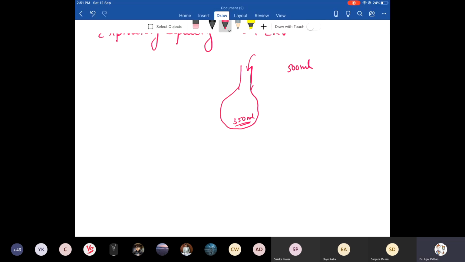Out of 500, 150 will not reach. 150 will remain here in the alveolar duct. The remaining 150 volume, the air that doesn't reach the alveolar cells and remains in the duct, is called dead space volume.